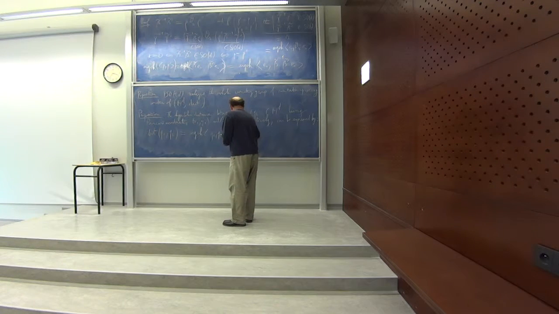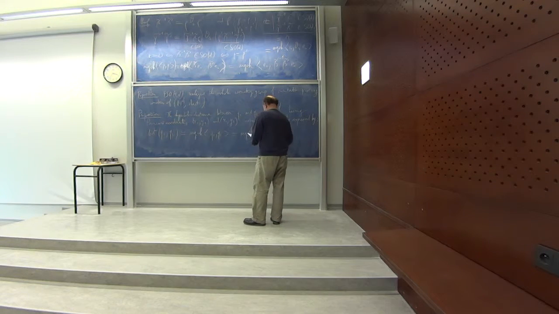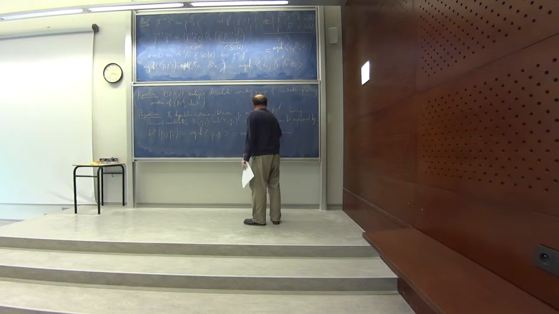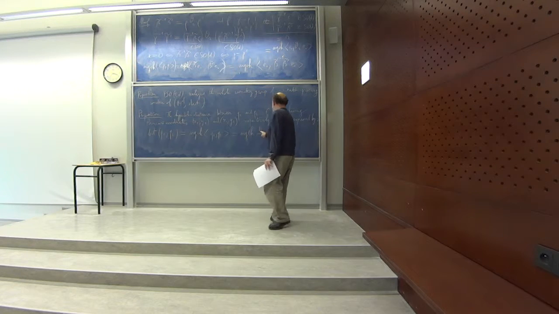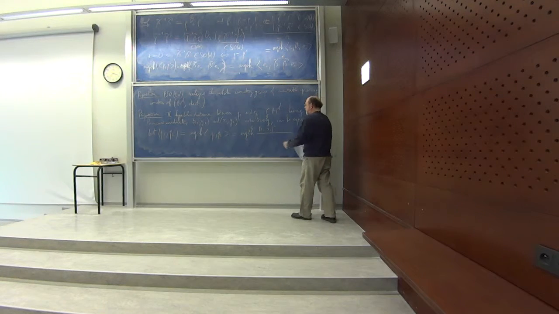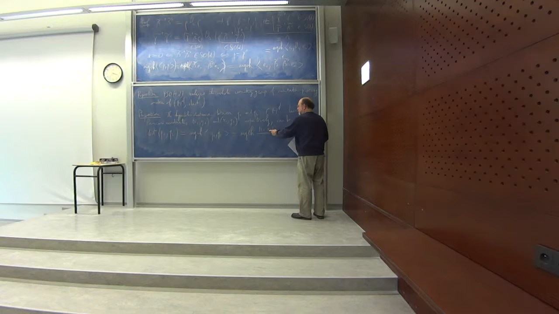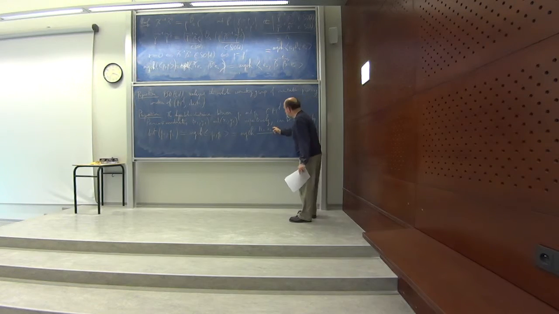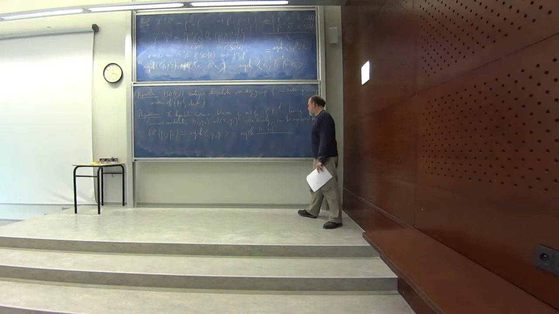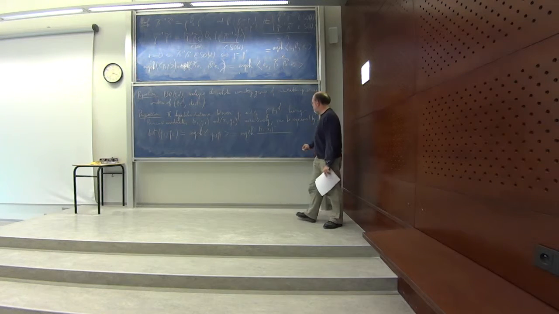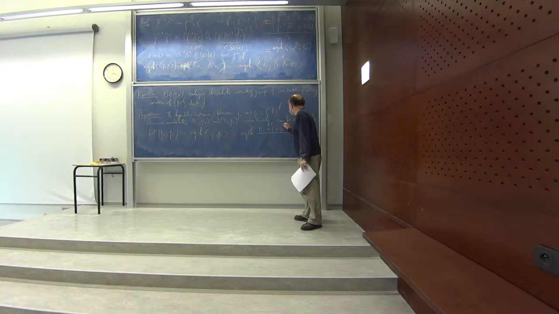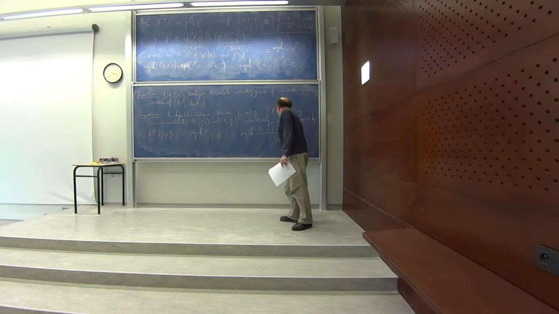And this is easily written with these coordinates. This is the square of the difference between these two vectors of R, this is Euclidean distance in R to the d minus 1, plus the sum of squares of the y's over 2 the product.